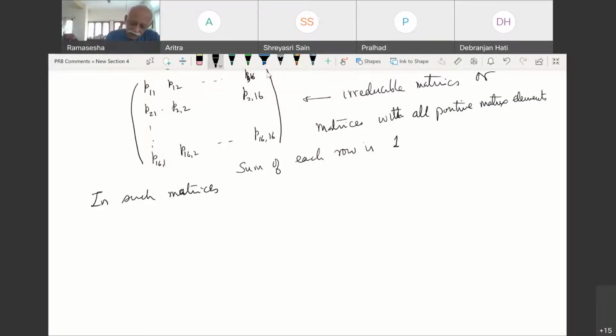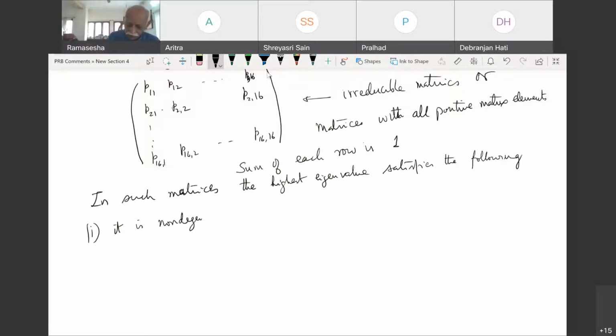In such matrices, the highest eigenvalue satisfies the following. One, it is non-degenerate. That means it is a simple root.